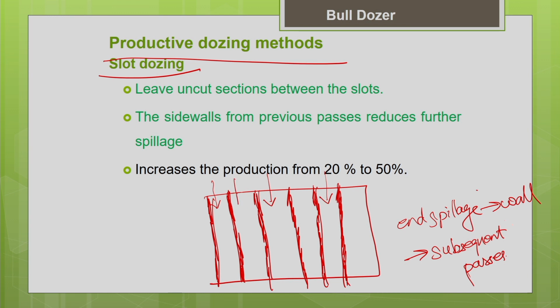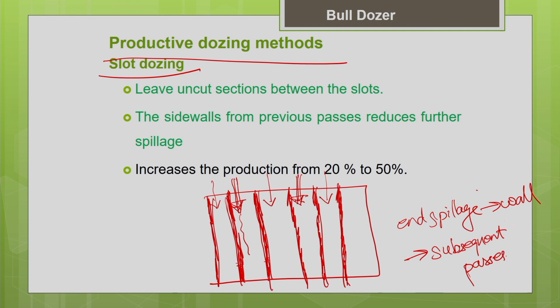When it is going through this gap, the end spillage formed in the earlier passes is already acting like a wall. Since it acts like a wall, further spillage is reduced when the bulldozer is passing through this path.